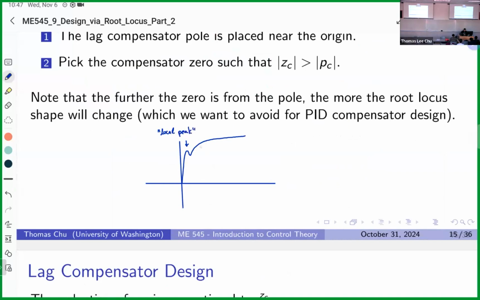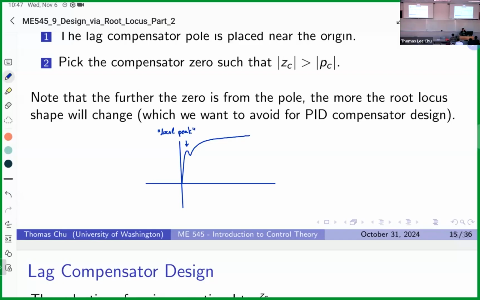With some tuning, you can make this local peak taller like that or shorter. Just keep in mind that if you look for peak time on MATLAB, it's going to give you a peak time somewhere out here when it converges to its final value instead, because MATLAB is just looking at its total value. Just a little note.